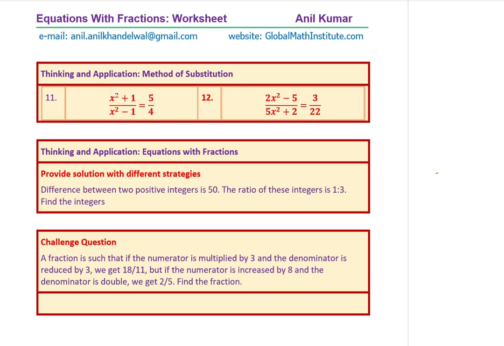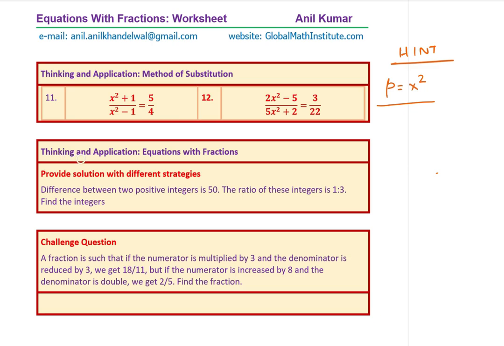You could cross multiply and then solve. Similar is question number 12. The strategy is to use the method of substitution and then solve. Let me give you the method here. You could substitute some variable p equal to x squared and then solve. It becomes a linear equation after cross multiplication, correct? So that is the hint for you.